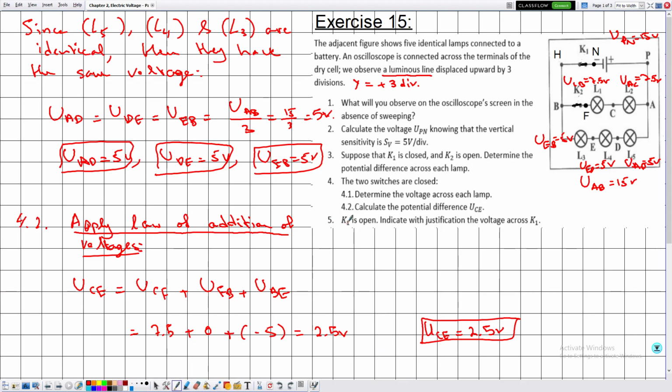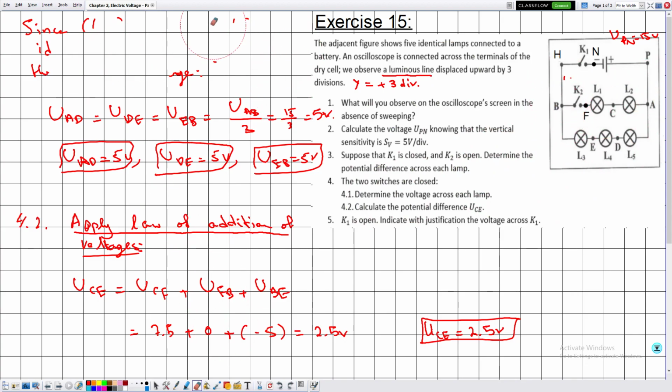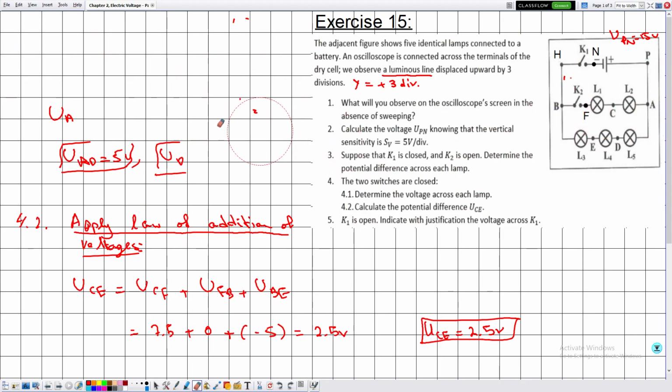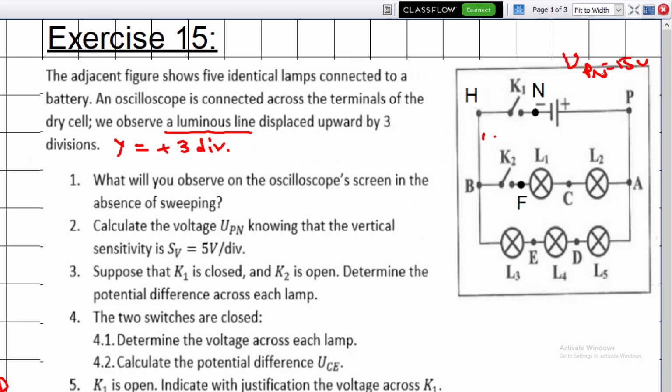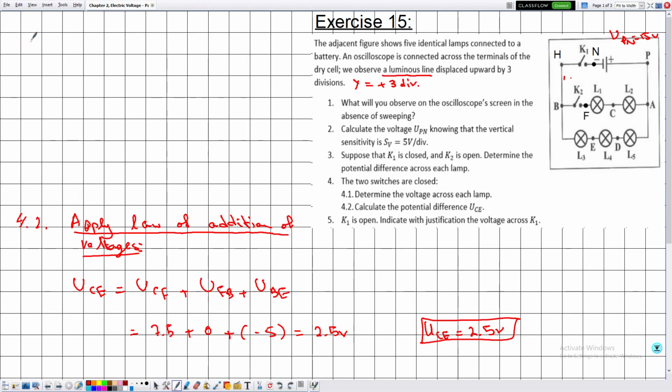Now in part 5 they are telling me K1 is open. Let's open the switch. So all the voltages will change. And eventually they are telling me K1 is open, indicate with the justification the voltage across K1. So notice that now K1 represents an open switch in series with a battery.